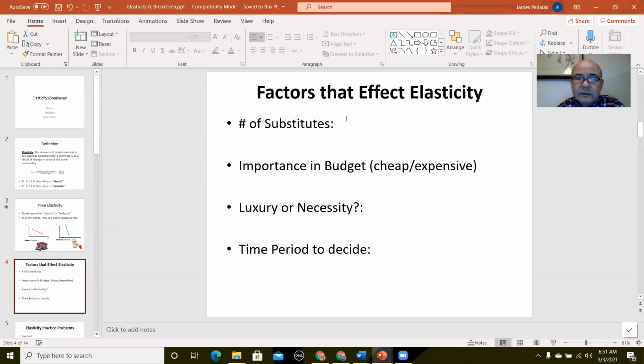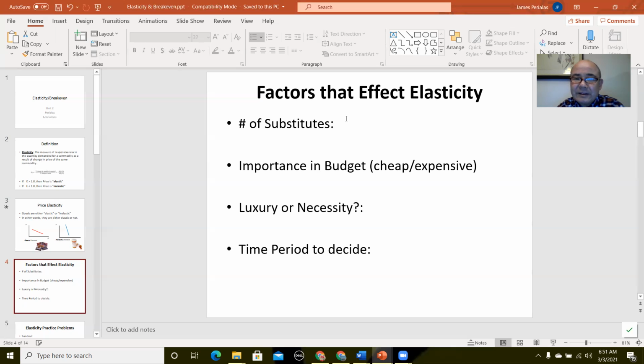If it is not important in your budget, if it's fairly cheap to you, then it's not something we're going to really think about. If the price changes a large percentage, 50%, let's say, but that 50% is only 50 cents, then we're not going to be as concerned with that price change.